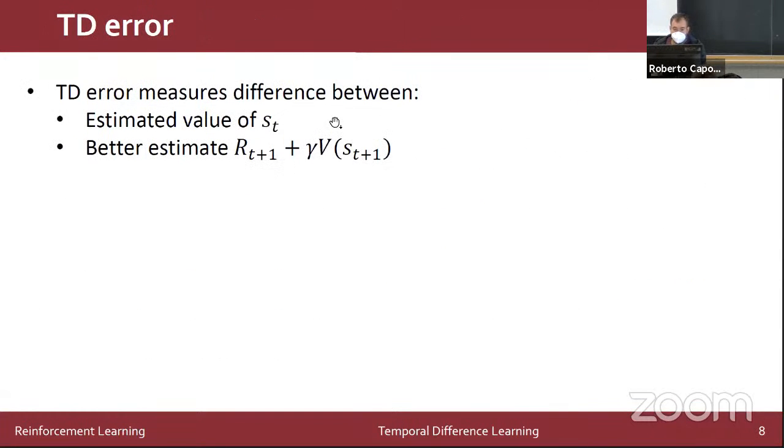The TD error measures the difference between the current estimate of the value of a certain state and a better estimate, where we're basically incorporating one new piece of information, which is the reward, and this is instead the estimate for the next state. So why is this better? Because we are incorporating some information that is grounded in reality, which is the reward that we are collecting in a certain time step.